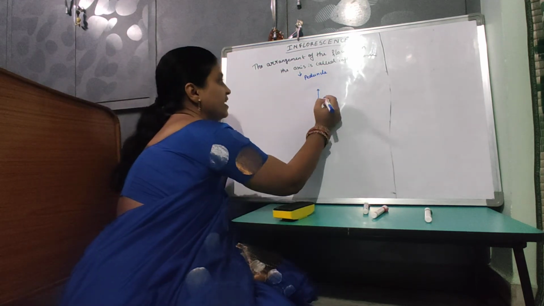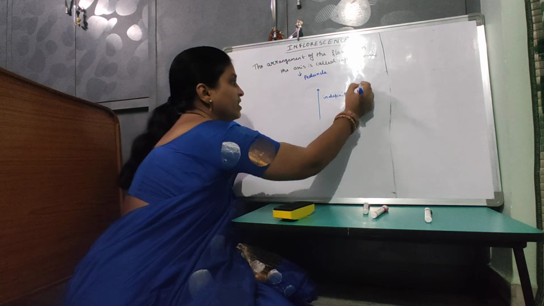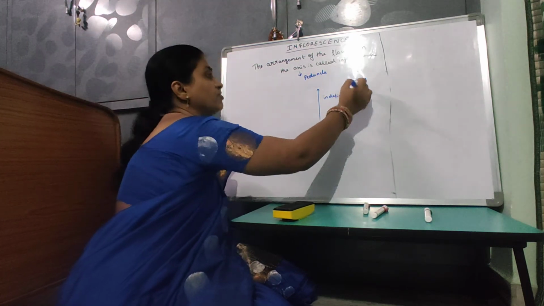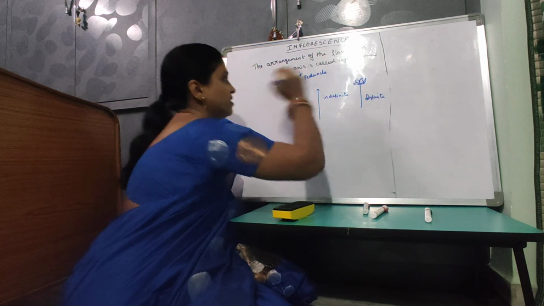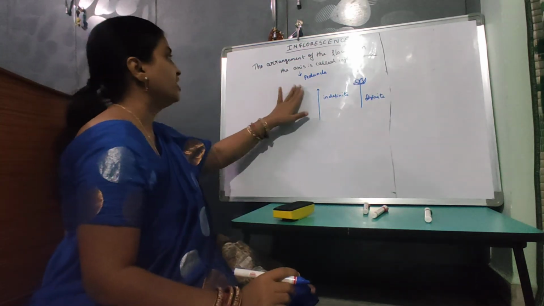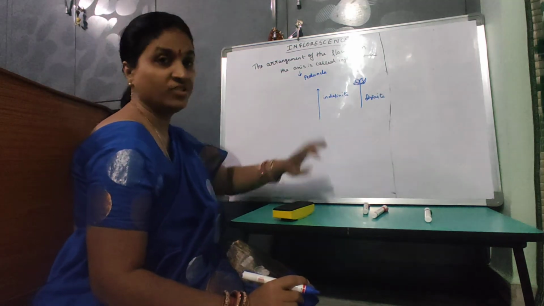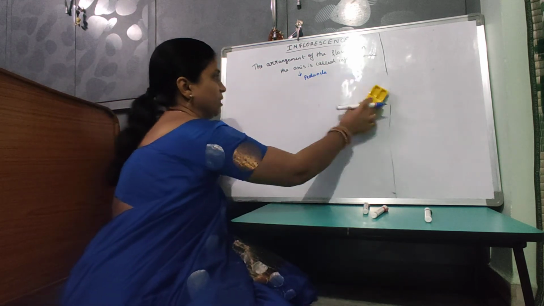This is indefinite growth. When the apex transforms into a flower, this is a definite growth. So based on the arrangement of the flowers on the peduncle and the growth of the peduncle, the inflorescence is of two types.